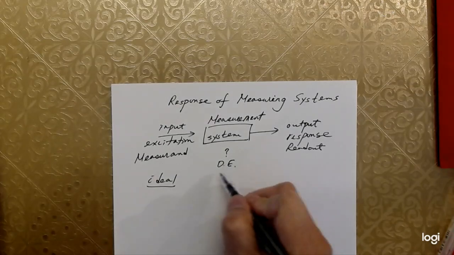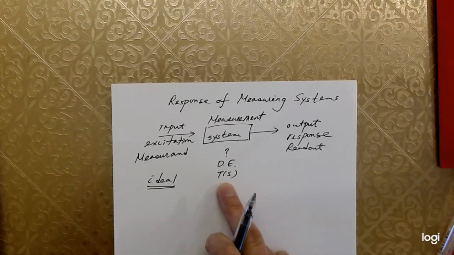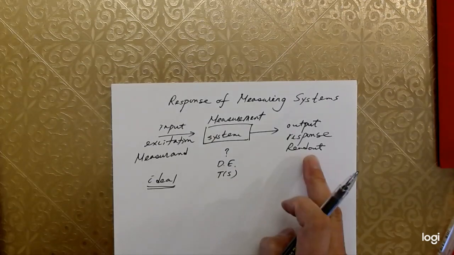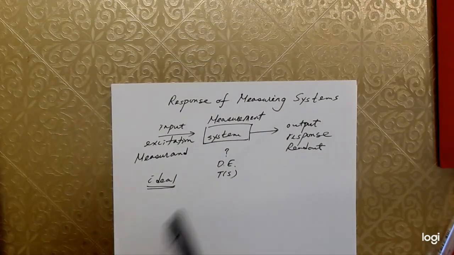Or in frequency domain, we said it's transfer function. So the question is, what will be the relationship between input and output for ideal measurement systems? What do you want it to be?